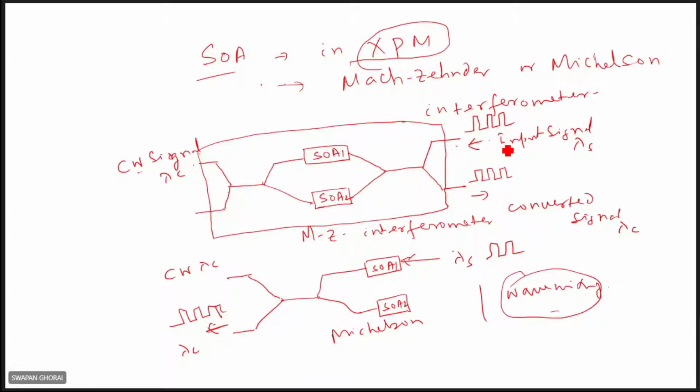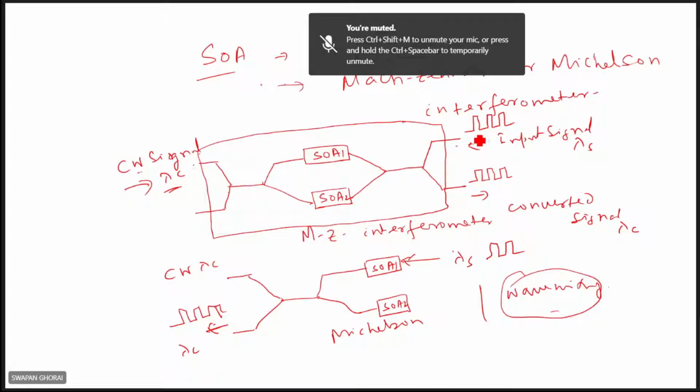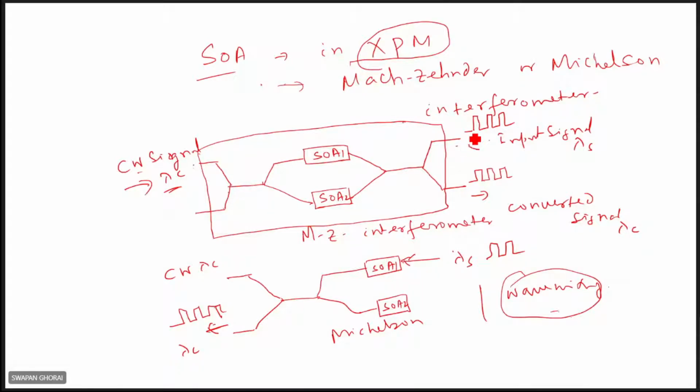So initially, the input signal can be co-directional or counter-directional. Here, this CW signal is launched from this side, and the input signal is launched from this side. And you see, actually, the signal will be transferred from lambda S to lambda C, the continuous wave signal. This light, when it's launched, will modulate the characteristic gain and refractive index of these amplifiers.